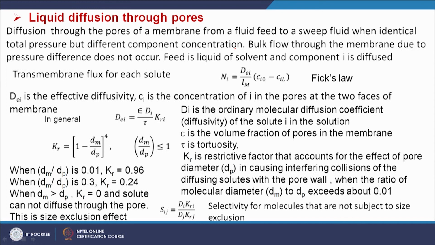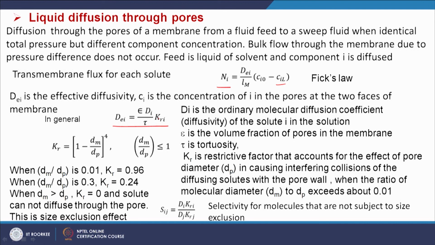In that case we can consider the transmembrane flux Ni equal to dEi by Lm into (CiO minus CiL), where Ci is the concentration of i in the pores at the two faces, that is inlet and outlet. And dEi is the effective diffusivity, which can be calculated by this formula: E into di by tau into Kri.